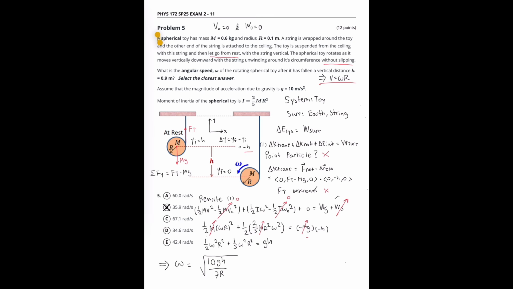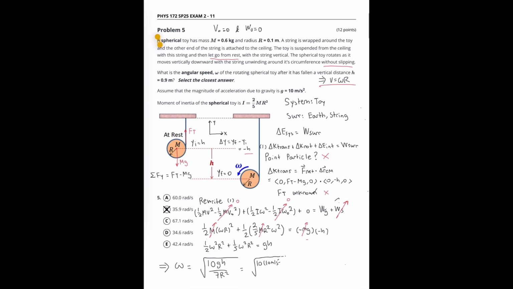And when we plug in our numbers, we get the square root of 10 times 10 meters per second squared times our height h, 0.9 meters, divided by 7 times our radius squared, 0.1 meters squared.